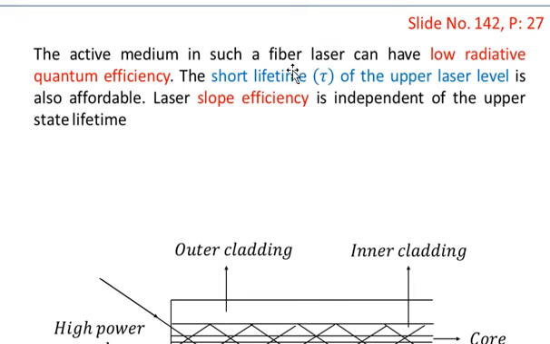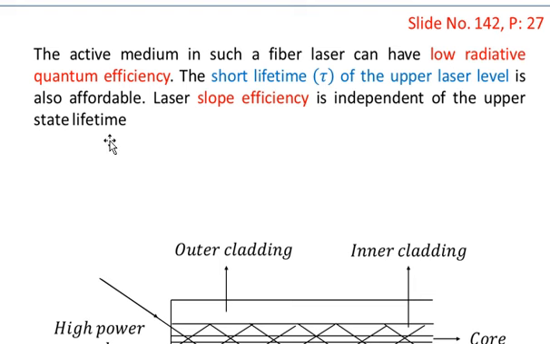So the active medium in such a fiber laser can have low radiative quantum efficiency. The short lifetime tau of the upper laser level is also affordable. Laser slope efficiency is independent of the upper state lifetime, which is tau.